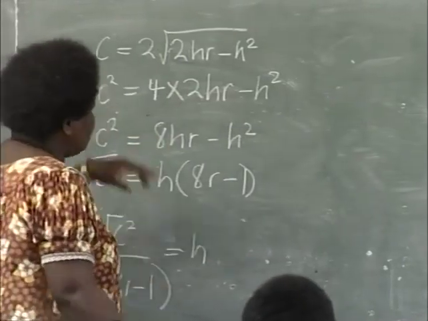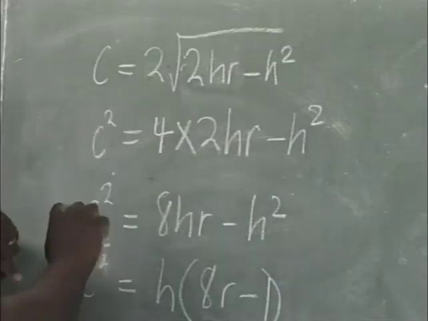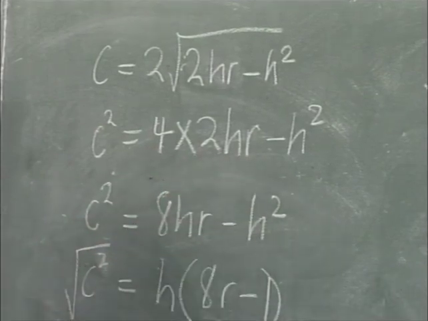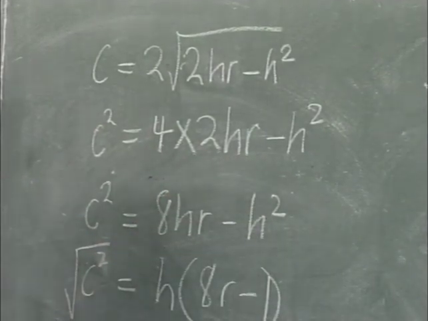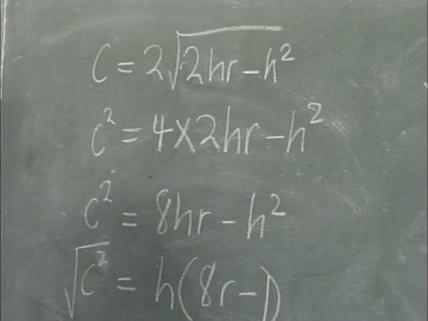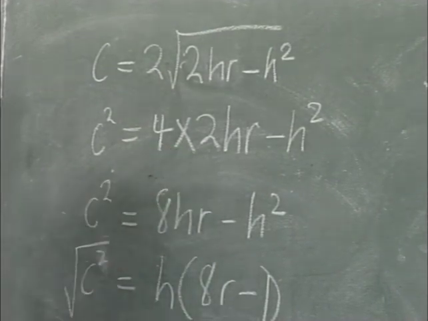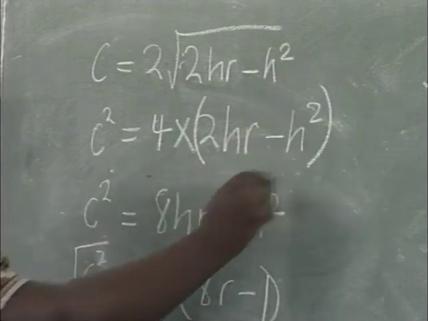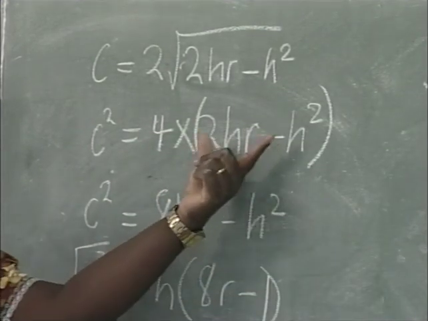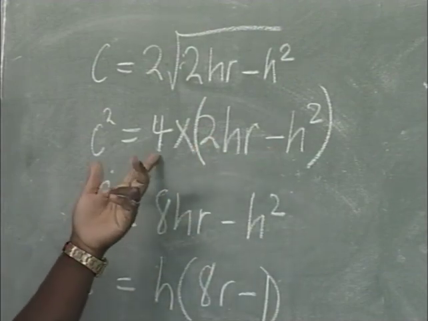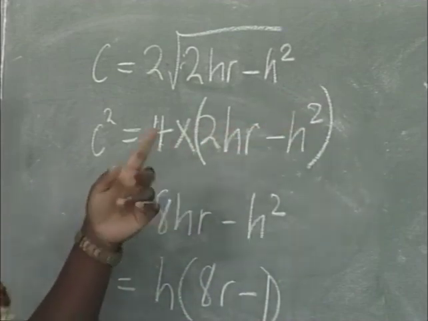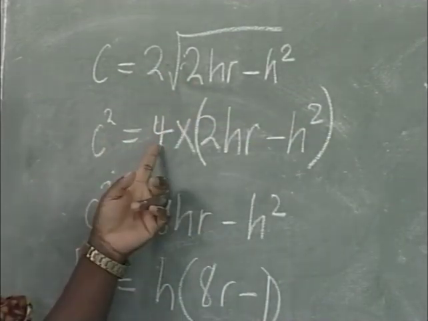The first thing that she did was she squared both sides, which is correct, and she got 4 times 2hr minus h squared. Now her mistake is this, and I see this a lot. Instead of writing the multiplication sign, put brackets, because when you do that, you will know that you are multiplying this by 4. I've seen that when students write multiplying and then they don't write the brackets, which is wrong.